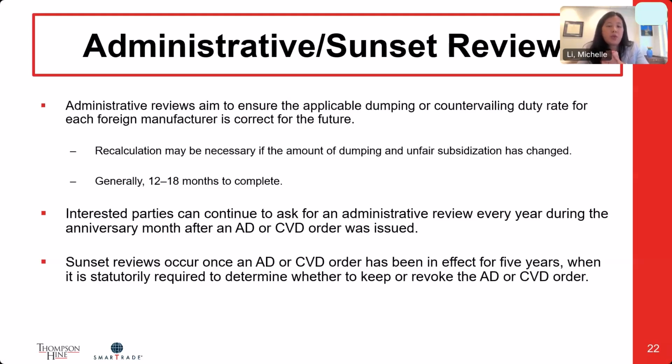It typically takes 12 to 18 months to complete, and the interested party can continue to ask for review every year during the anniversary month after an AD or CVD order was issued. Sunset review, like I said, happens once every 5 years. It is statutorily required to determine whether the AD or CVD order should be kept or revoked. Next slide, please.